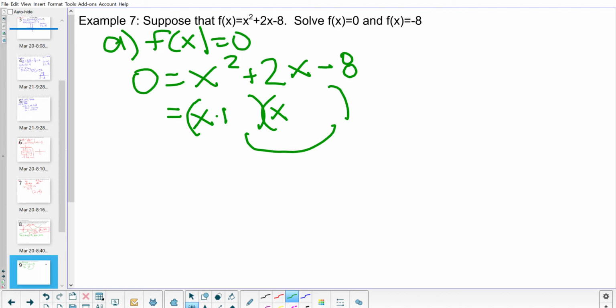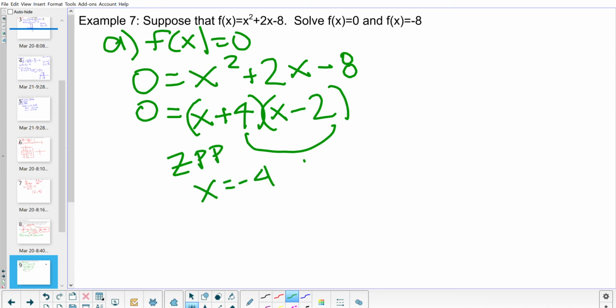So if it's +4 and then -2, that should work out. Okay, so then this time it is actually asking to solve, so you would do the ZPP, and ZPP would give you x equals -4 and x equals 2.